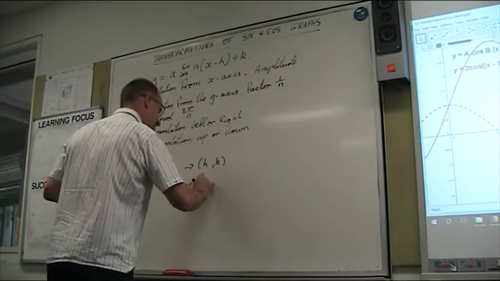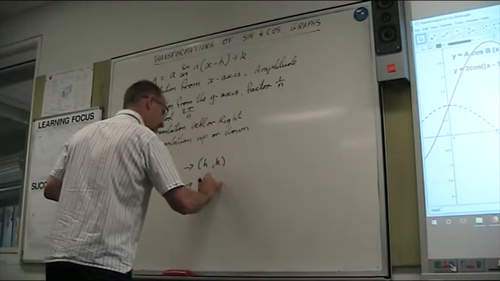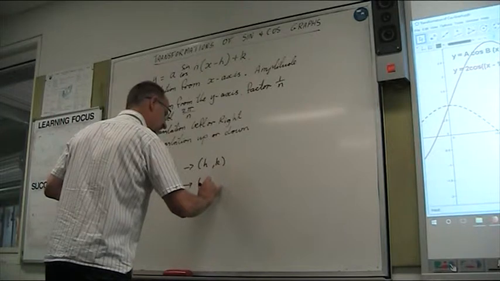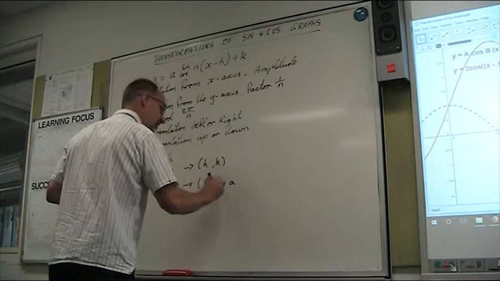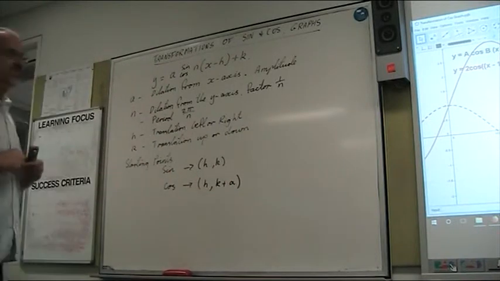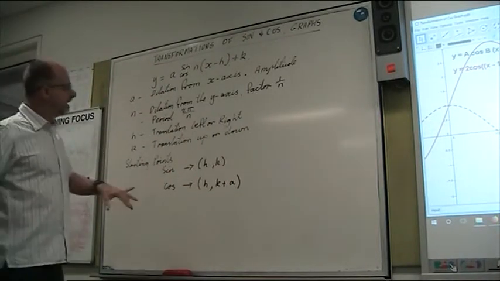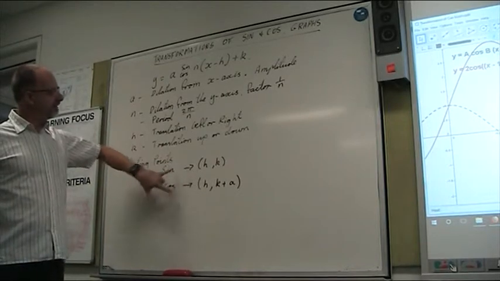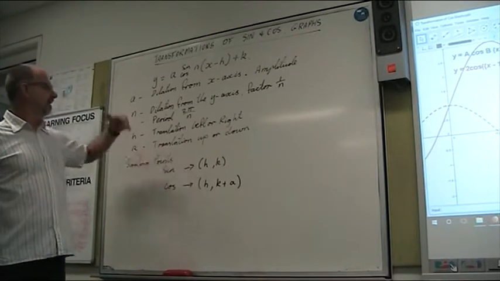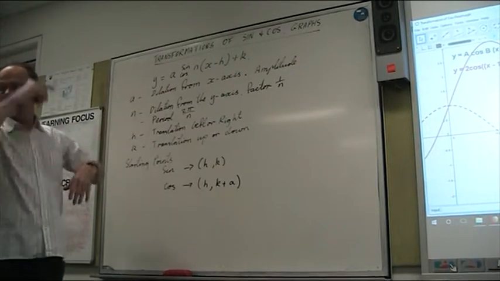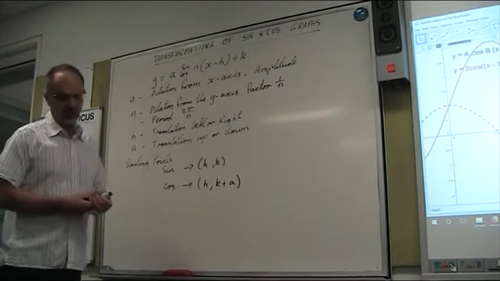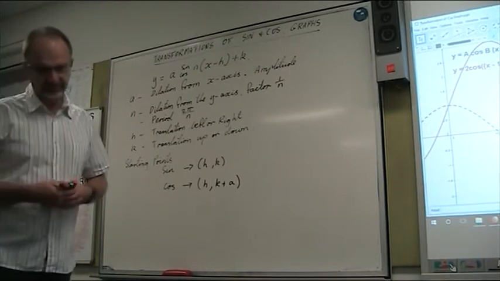So it's h, and k plus a, the amplitude. All right, so when we're sketching, if we can figure out where it's going to start, then we can put our period and that in and then use the patterns. So let's do a couple of examples.